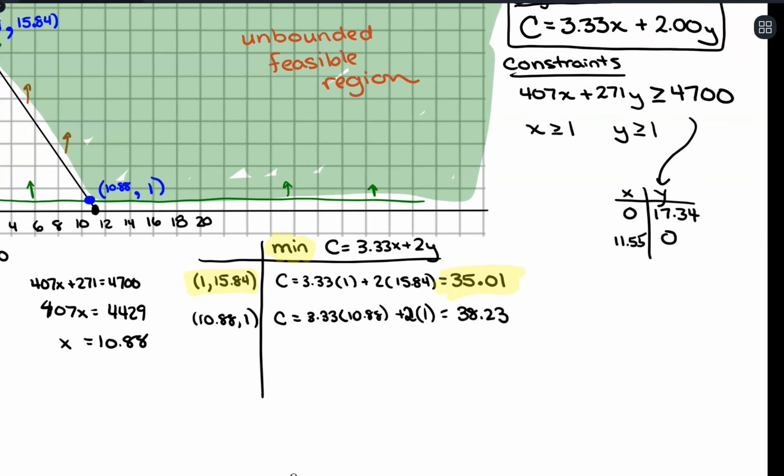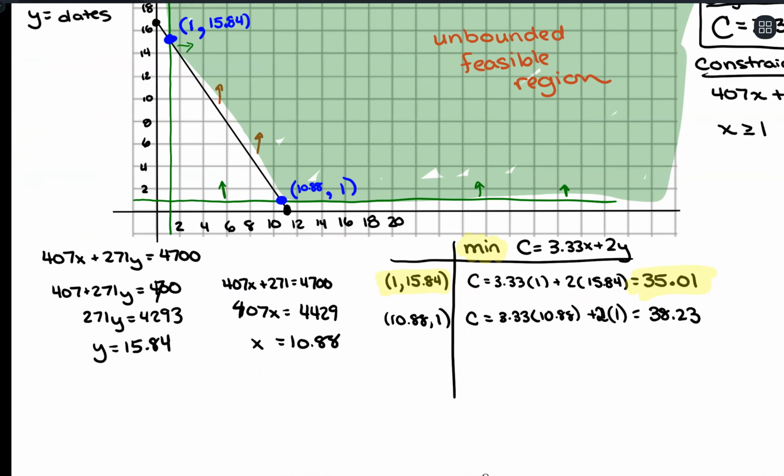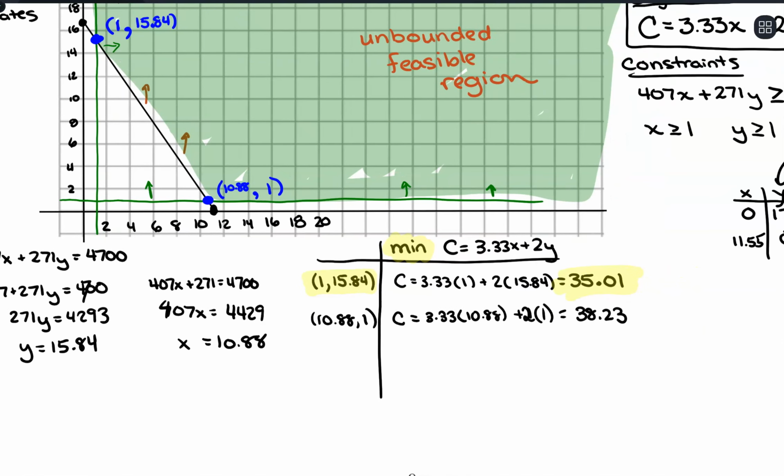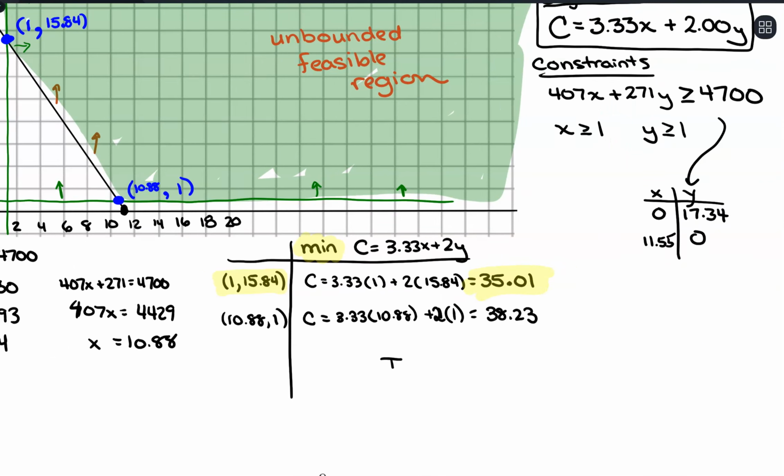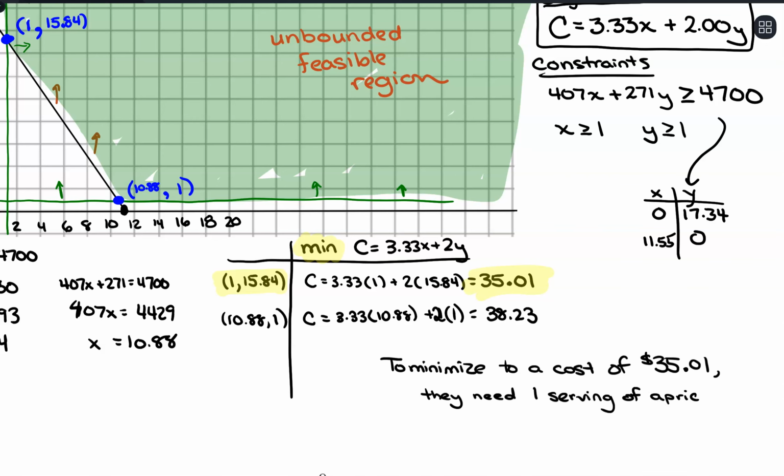Well, to minimize to a cost of $35.01, they need 1 serving of apricots, and 15.84 servings of dates.